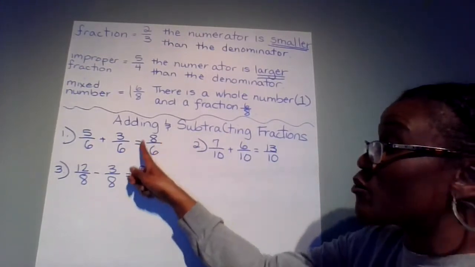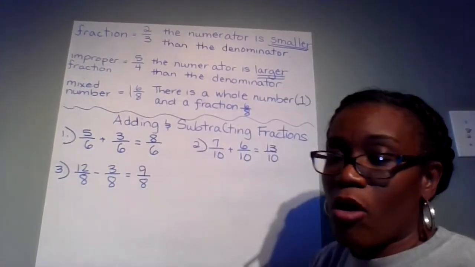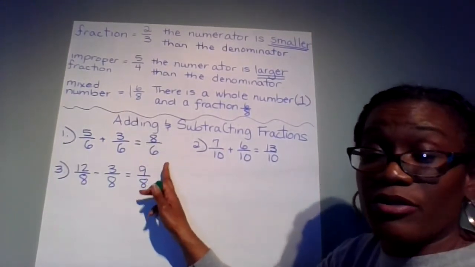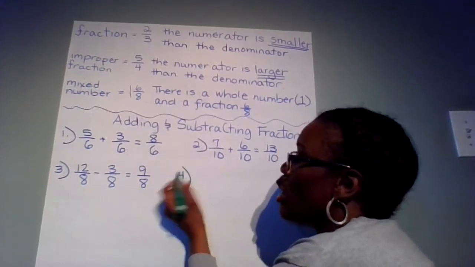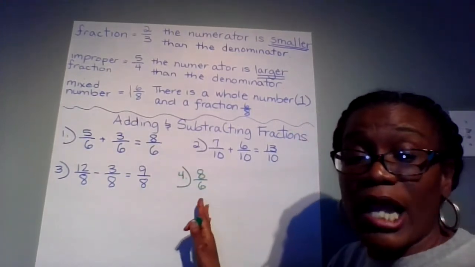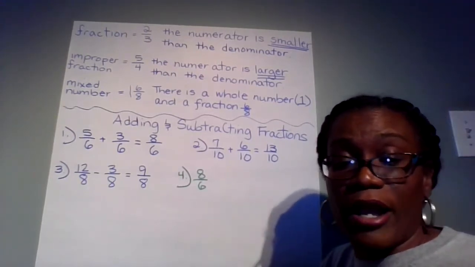So I'm going to start with 8/6, and I'm going to change my marker from blue to green. So we're going to start with number 1. We're going to take 8/6 and change it into a mixed number where we have a whole number and a fraction.